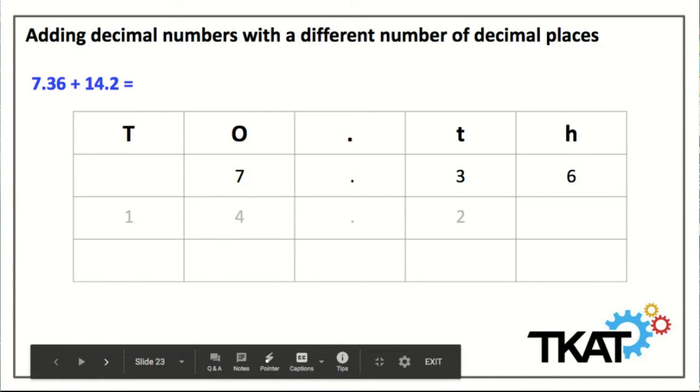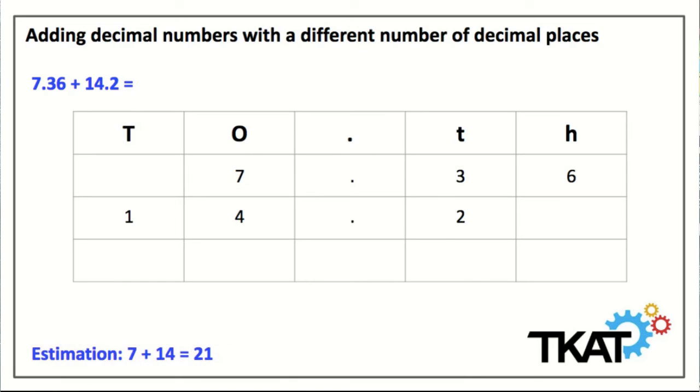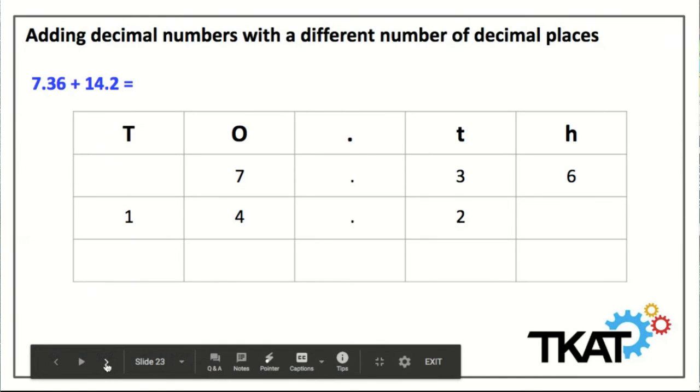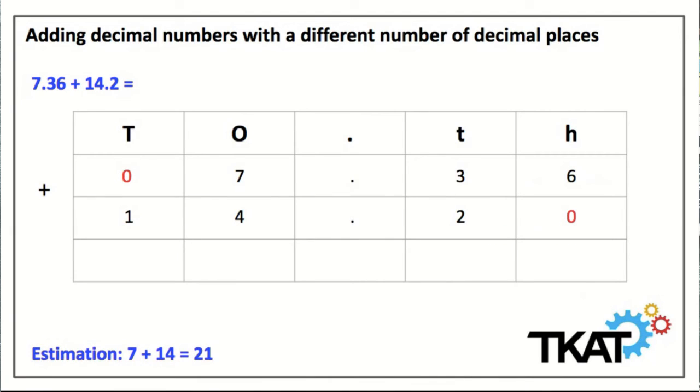Then we put our next number in, 14.2, 1 ten, 4 ones, decimal point, 2 tenths. When adding decimal numbers with a different number of decimal places, children will be taught to put a 0 into every column. These zeros do not change the value of the number. They will actually help children to be more accurate.